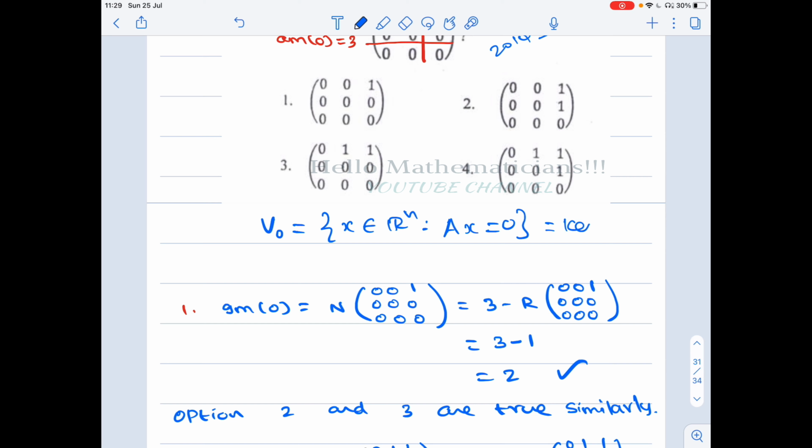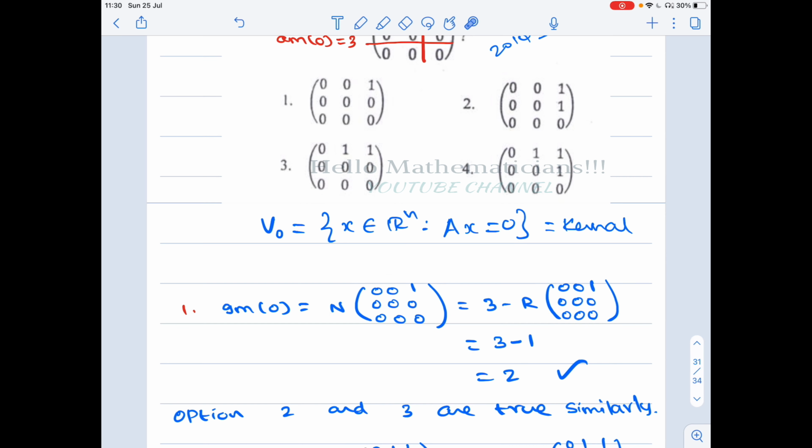So this is nothing but the kernel, right? Kernel or null space, both are the same. Therefore, the geometric multiplicity of 0 is nothing but the nullity of this matrix.